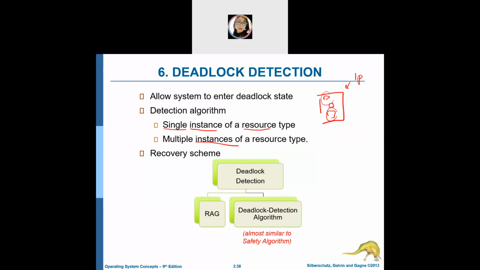If you have 2, it can be held by 2 processes. If you have 3, it can be held by 3 processes. So multiple instances for a resource type. And these are the 2 schemes under deadlock detection: RAG and the deadlock detection algorithm.